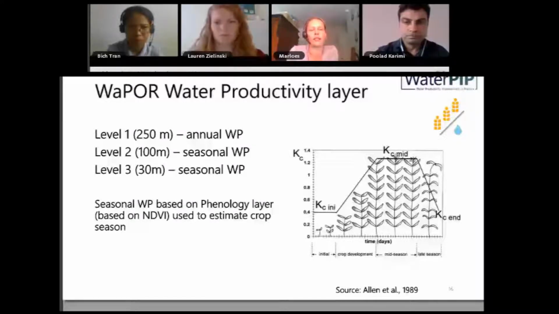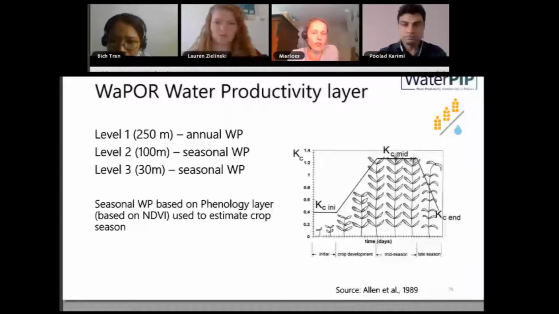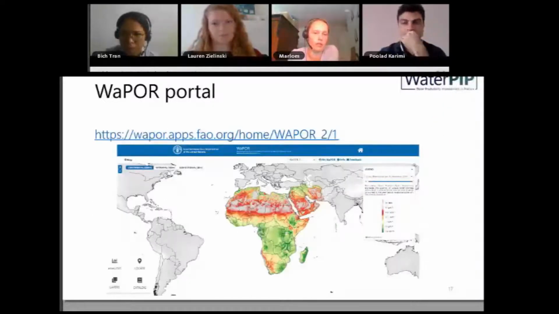So it's using that layer as an input to identify what is the season, and then it calculates the water productivity for that particular season. But we also found that if you do have local information about the beginning and the end of the cropping season, it's better to use that than to use the phenology layer, because that phenology layer is highly dependent on the cloud cover, or its quality is affected by the cloud cover.